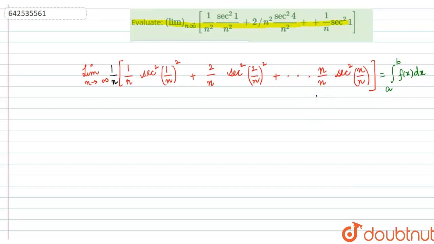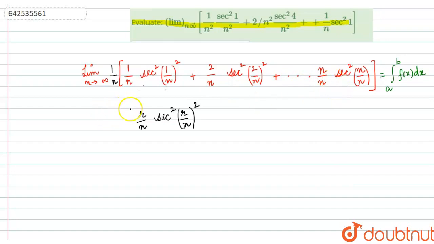Now if you look at each term of the series, it can be expressed as r by n secant square r by n whole square. Observe, if I take r as 1 I get the first term, if r is 2 I get the second term, if r is 3 the third, and so on, and if r is n I get the nth term.